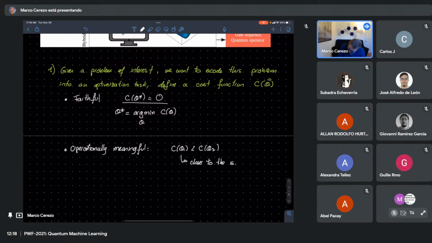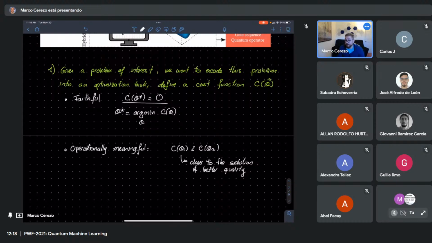Even if C of theta 1 is not the optimal solution, maybe it's a good enough solution. So it's closer to the solution and has better quality, so that we know that we can actually compare results by just how close they are.